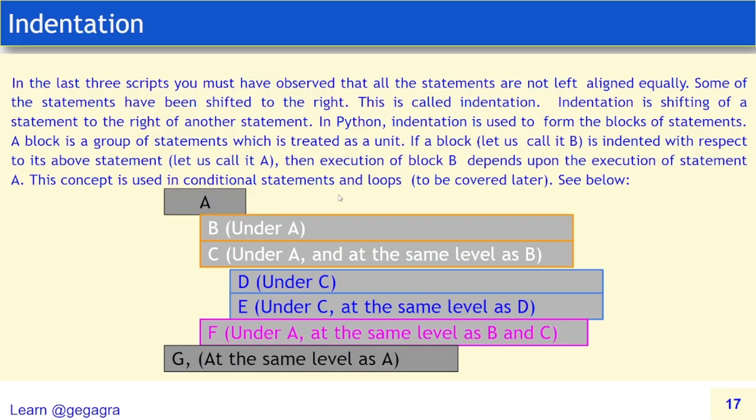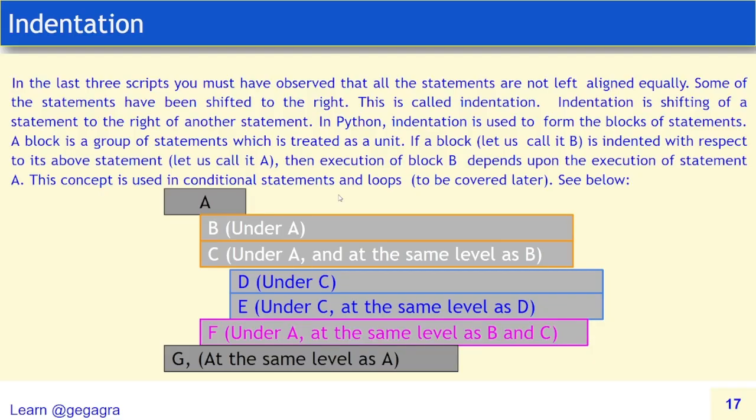So if you look at this diagram, block A, which is in gray, has some other blocks under it. Under block A there are three blocks, B, C and F. Means these three blocks will be executed under block A.